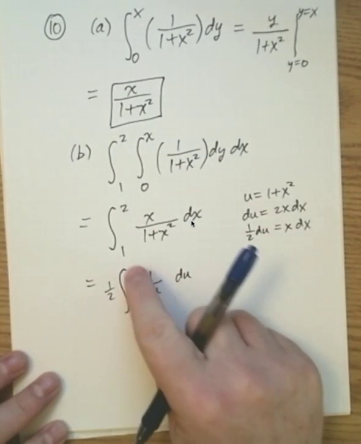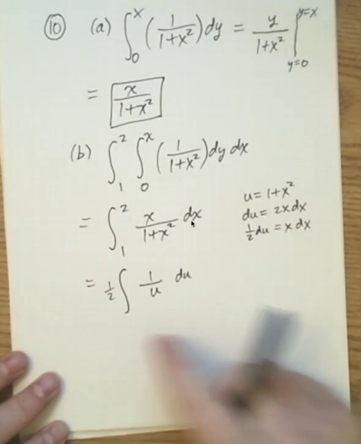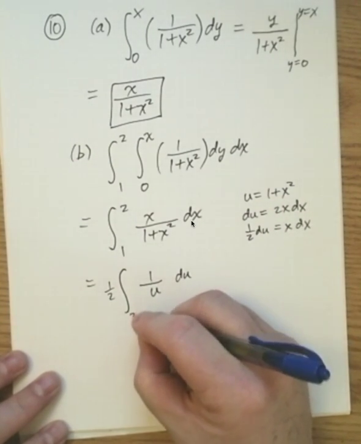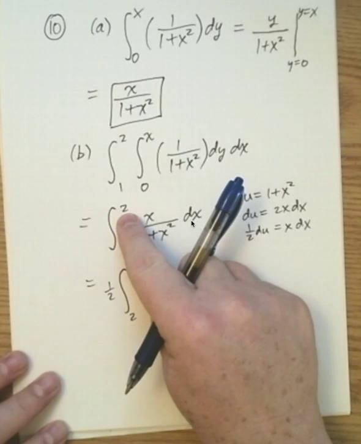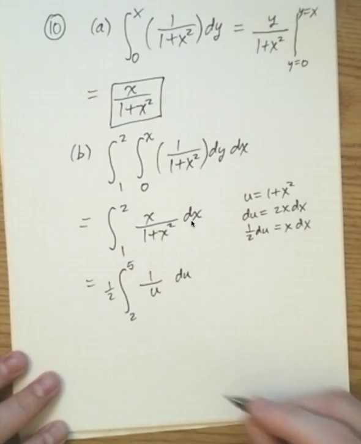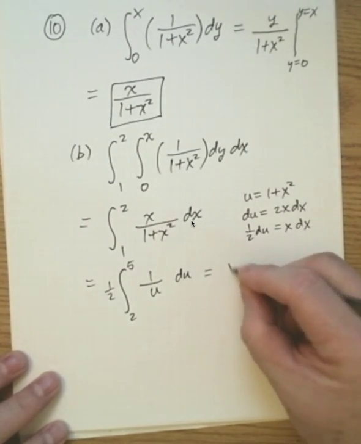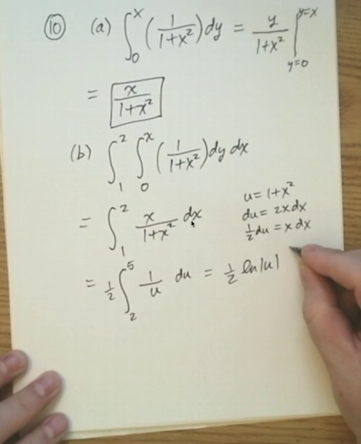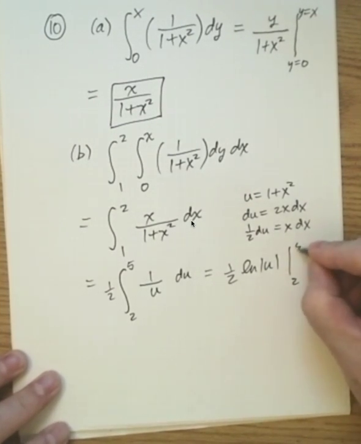And this is 1 over u. Okay. Let's see. X was going from 1 to 2. That means u is going from 1 plus 1 squared, which is 2, to 1 plus 2 squared, which is 5. You guys can see this is going to be 1/2 the natural logarithm of the absolute value of u, going from 2 to 5.